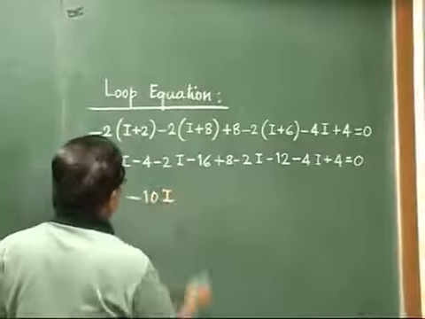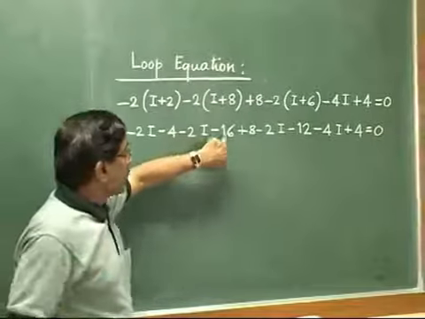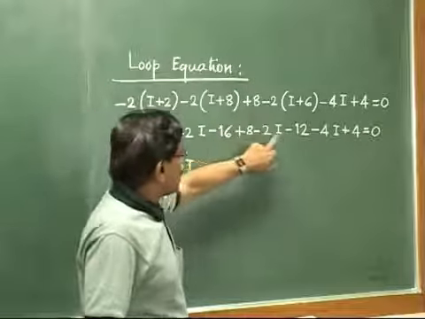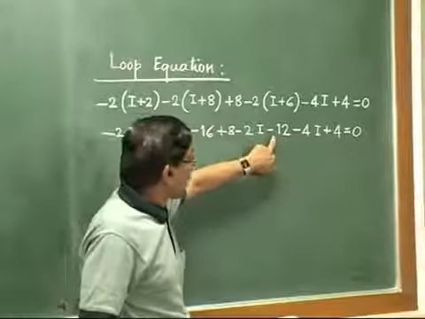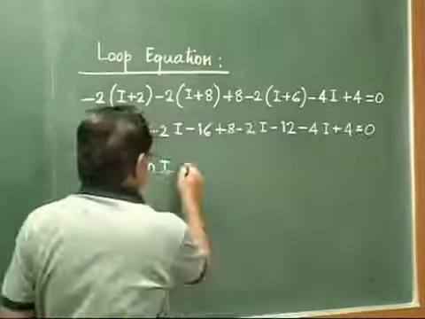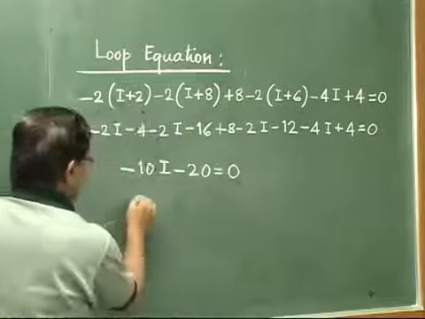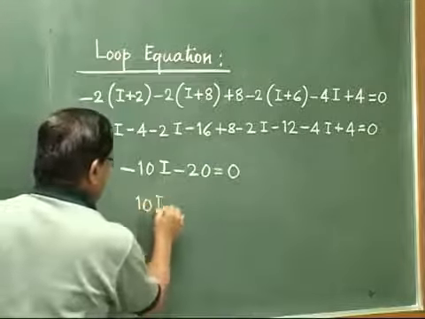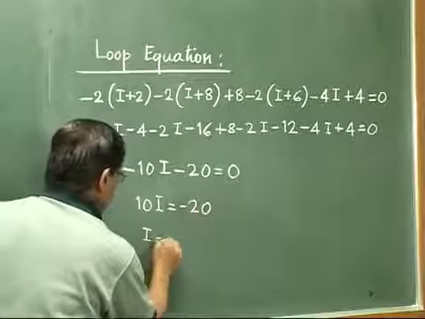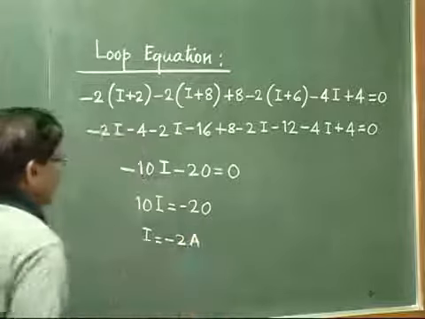And then all constant terms: minus 4 minus 16 is minus 20. Minus 20 plus 8 is minus 12. Minus 12 minus 12 is minus 24. Minus 24 plus 4 is minus 20. So minus 10I minus 20 must be equal to 0. That gives you 10I equal to minus 20, and so I equal to minus 2 ampere.